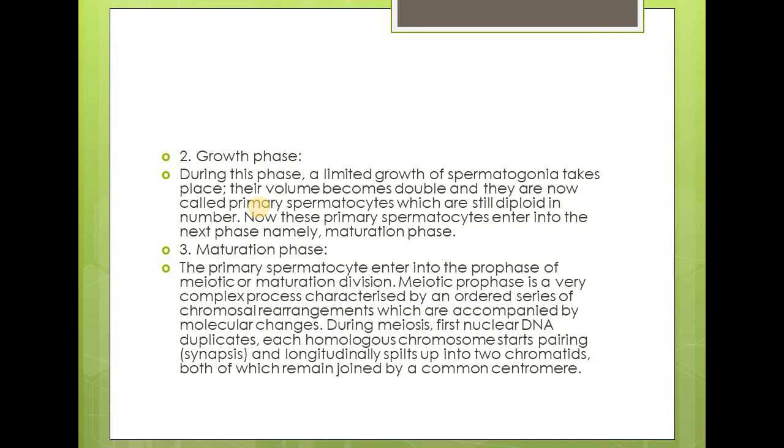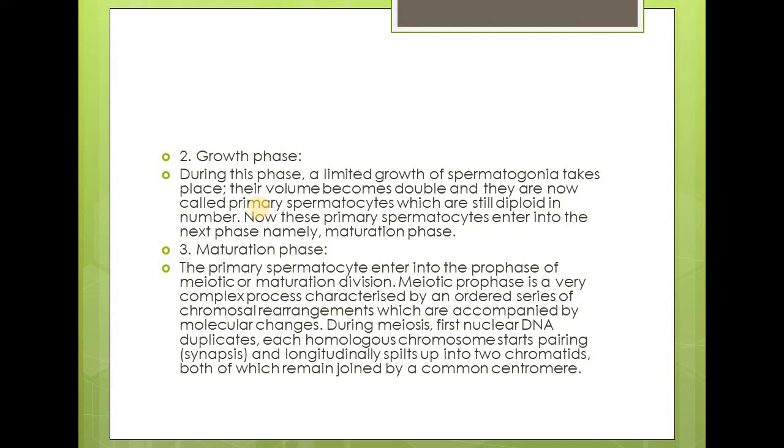In the maturation phase, the primary spermatocytes enter into the prophase of the meiotic or maturation division, and meiotic prophase is a very complex process characterized by an ordered series of chromosomal rearrangements accomplished by molecular changes.